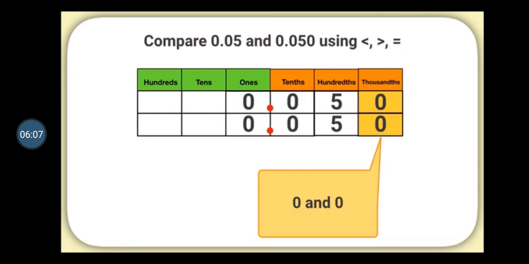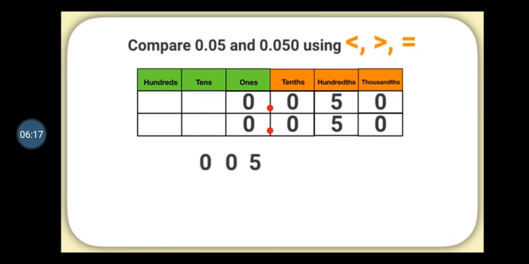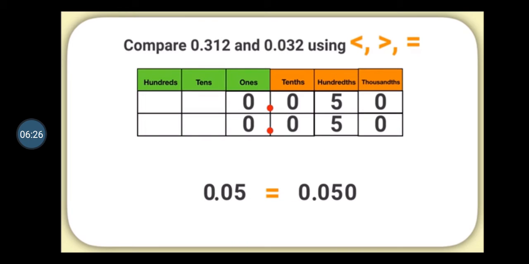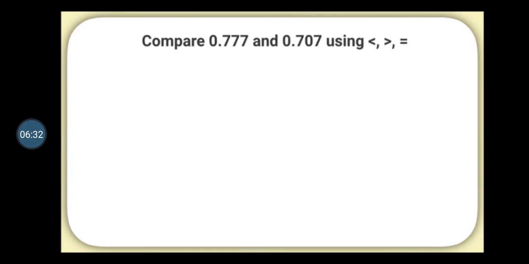This is also same. So now what can we decide here? We can decide that 0.05 and 0.050, they both are equal. So we can use the equal sign. We can write 0.05 is equal to 0.050.